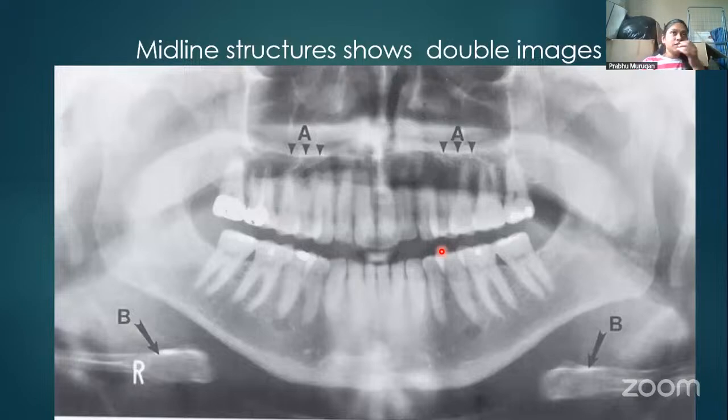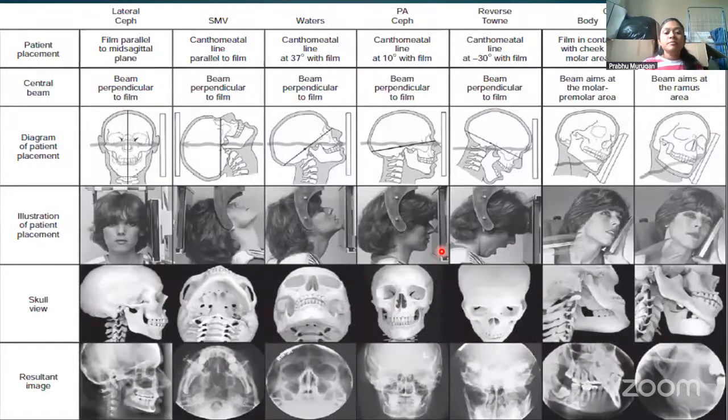The midline structures like your hyoid and your vertebral spine will be seen as double images on either side of the radiograph. When it comes to your skull radiographs, I have just put up a summary. This table is given in White and Pharoah. So please refer to the table and try to remember the important projections.